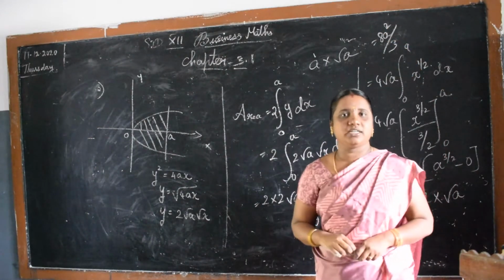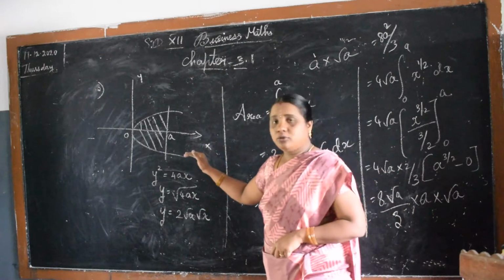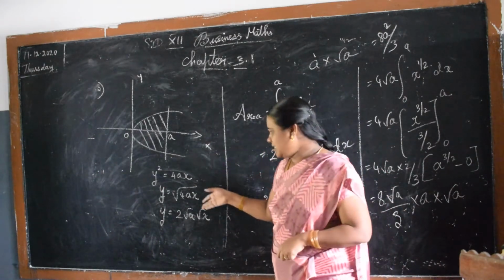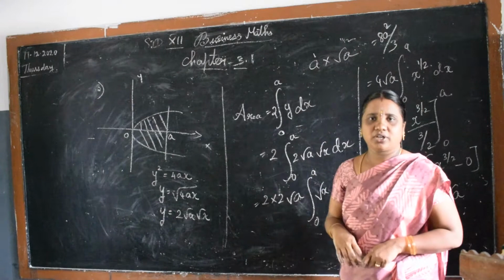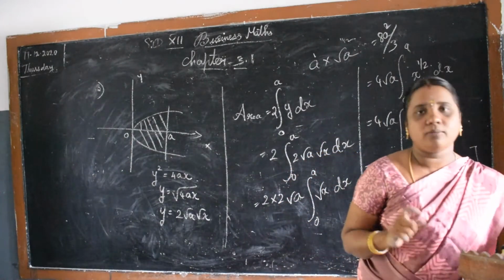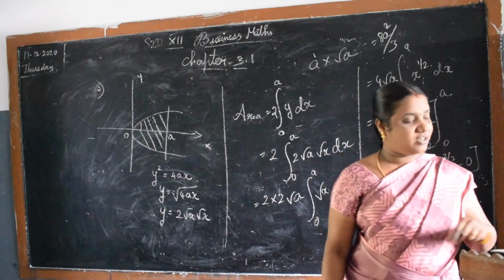Have you understood, children? See, first you should know how to draw the diagram. With the help of this diagram, easily you can substitute in a formula. Okay. See, like this, do the 4th problem as homework. Okay. Now next I will do the 5th sum.